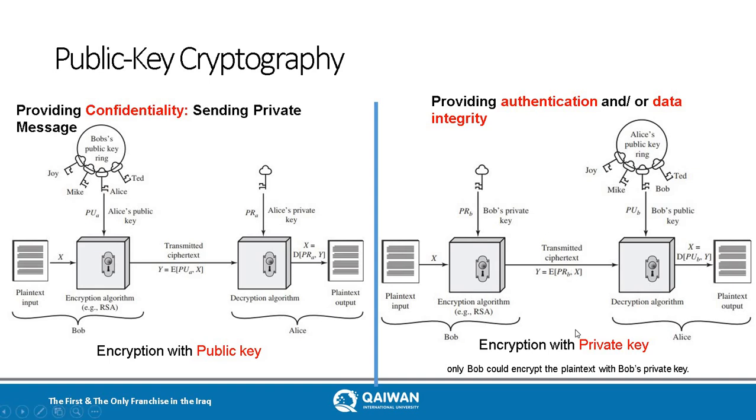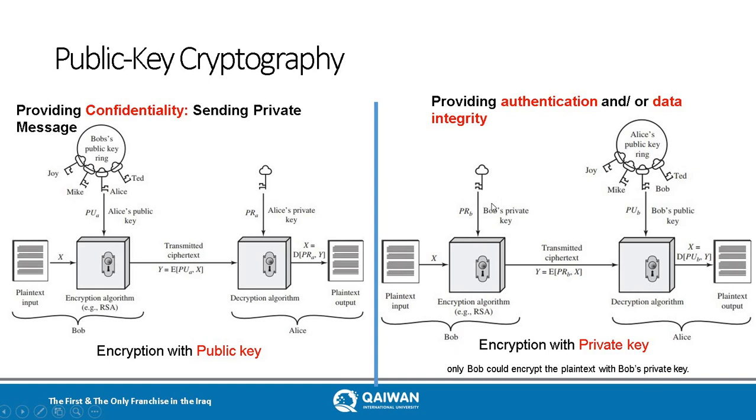But when encrypted with its private key, Bob wants to send an encrypted message to Alice. Of course, only Bob could encrypt the plain text with Bob's private key.